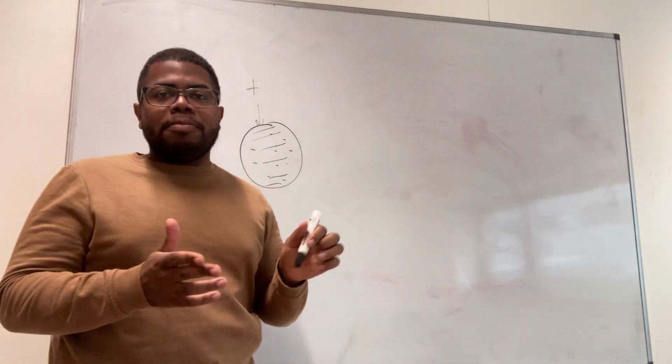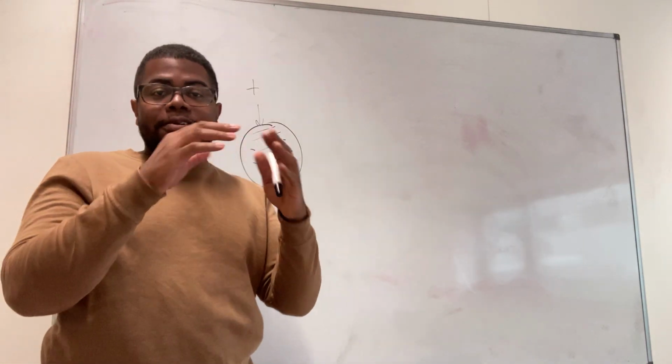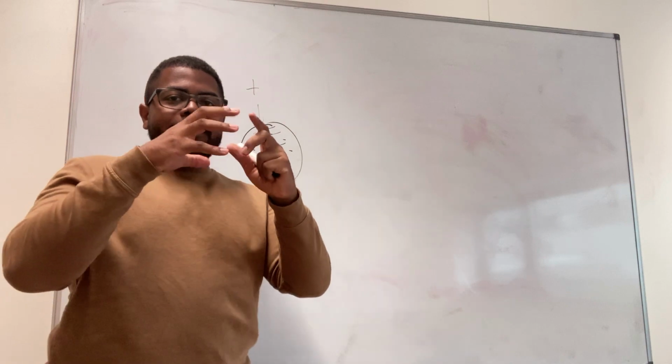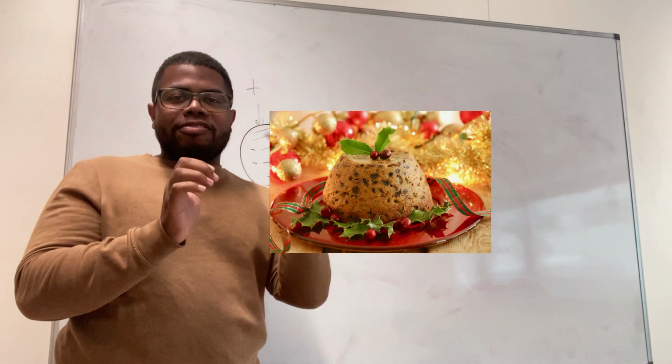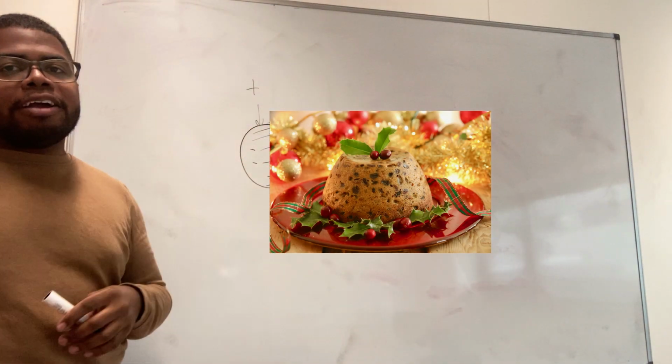It's called the plum pudding model because British delicatessen, being the plum pudding, looks like this clumpy thing which has raisins in it, and the raisins would be the electrons.